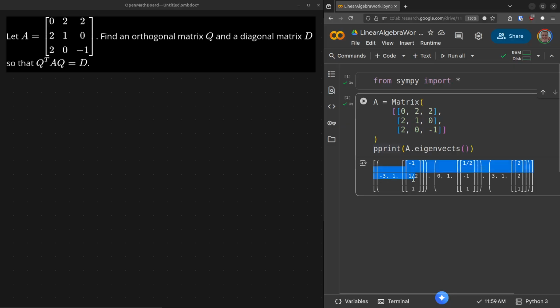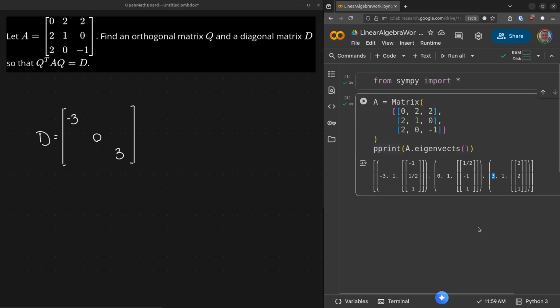And then we have the eigenvector associated with that eigenvalue. All right. So matrix D right off, we know is going to be the diagonal matrix with entries equal to the eigenvalues. So negative 3, 0, 3. Just grabbing these eigenvalues here.